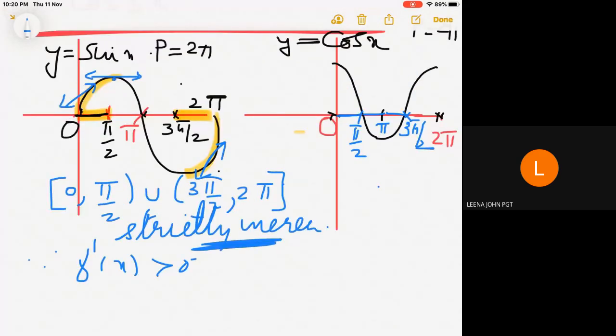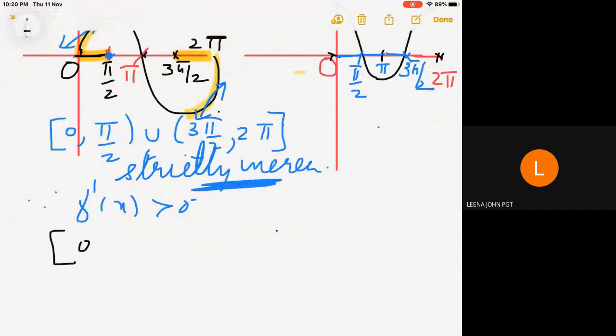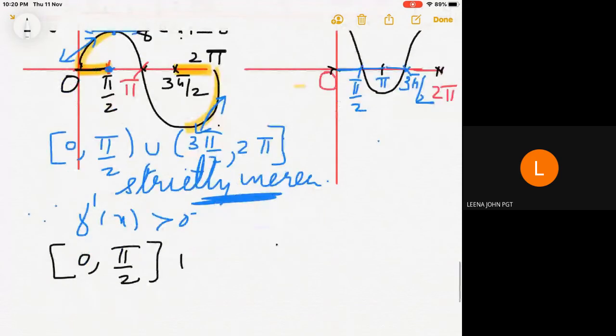That means this point you will consider. So what will be the interval? It is from 0 to pi by 2. Pi by 2 is to be included because at pi by 2, f dash x is equal to 0. So that union 3 pi by 2 also we are including for increasing function.